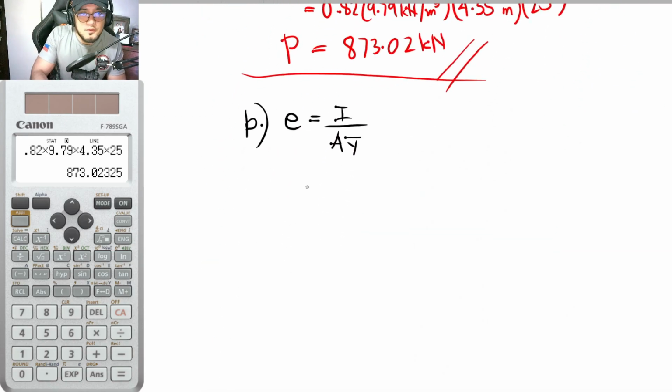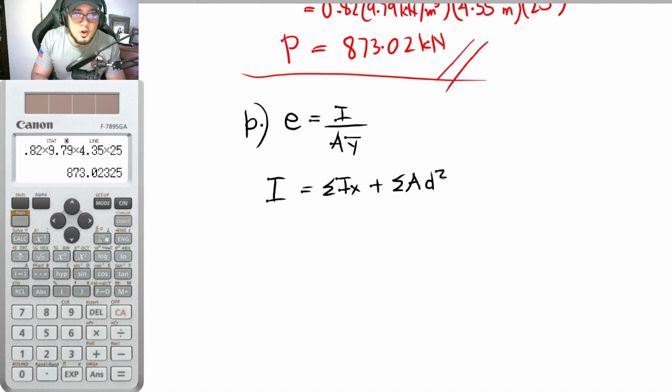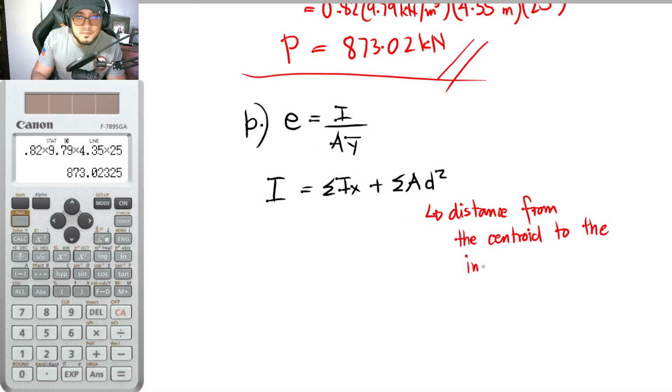For the transfer formula for moment of inertia, I is equal to the summation of the individual moments of inertia plus, of course, our transfer formula, that is also the summation of the individual area times d squared, where d is the distance from the centroid to the individual centroids.